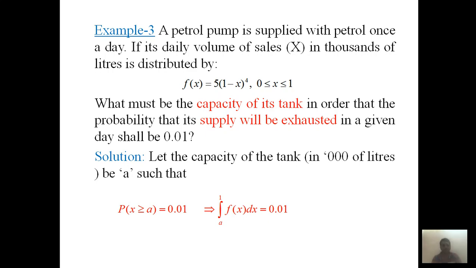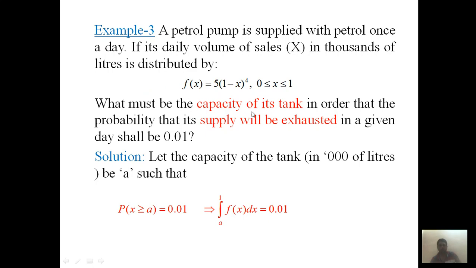Let's see one more example. Say a petrol pump is supplied with petrol once a day. The daily volume of sale is represented by capital X, in thousands of liters, and the daily volume is distributed by this probability density function: f(x) is equal to 5 into (1 minus x) raised to 4, where x is between 0 and 1.